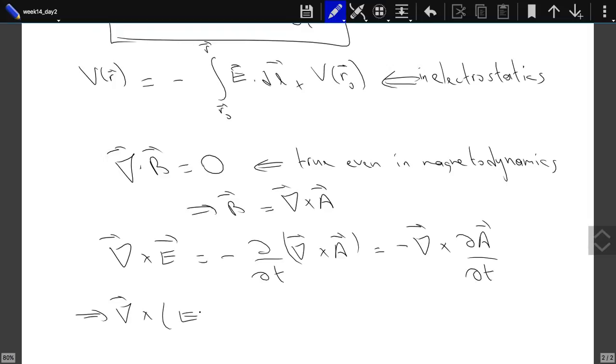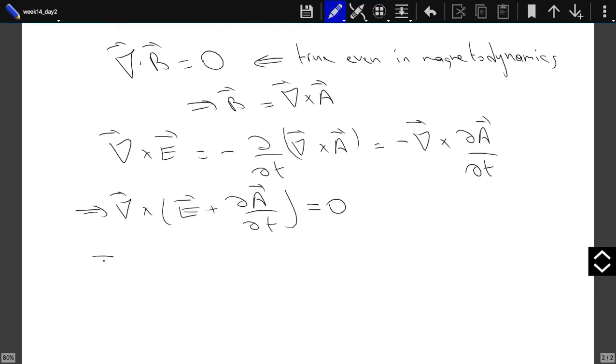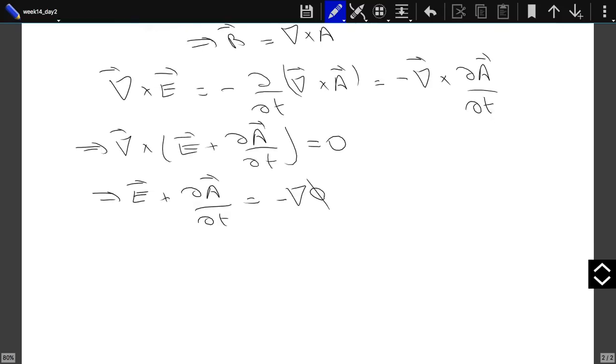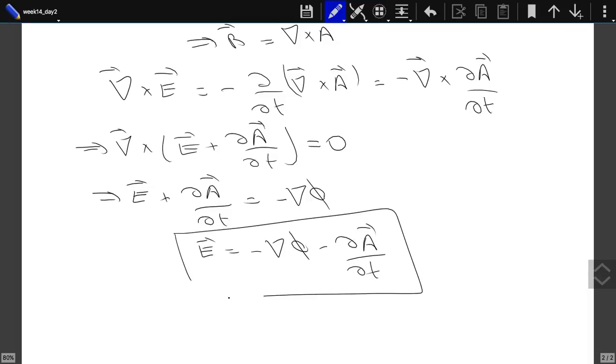The curl of E plus dA by dt is equal to 0. But this tells me that E plus dA by dt, since its curl is 0, we can always define as the gradient of some scalar function. So E is equal to minus the gradient of phi minus dA by dt.